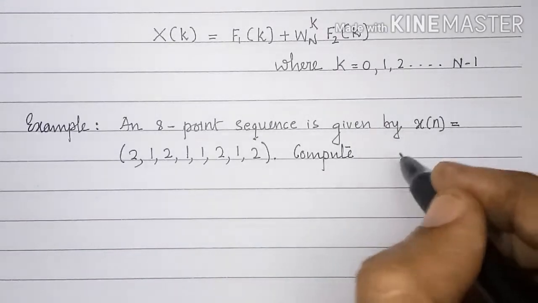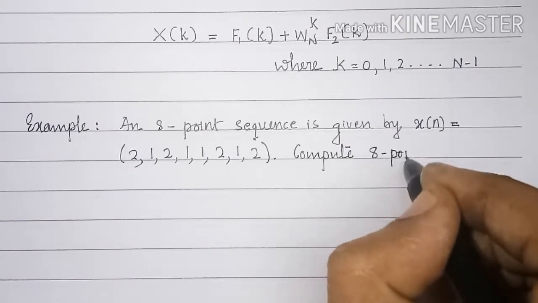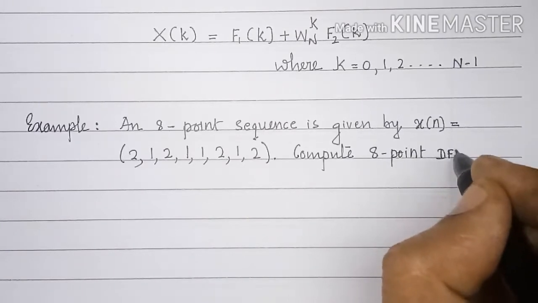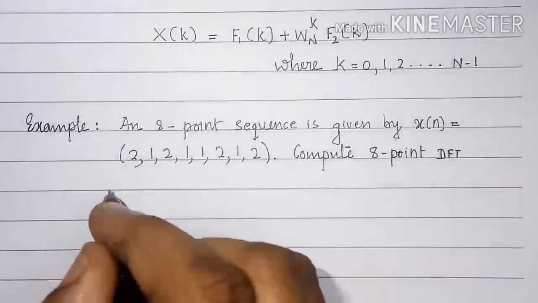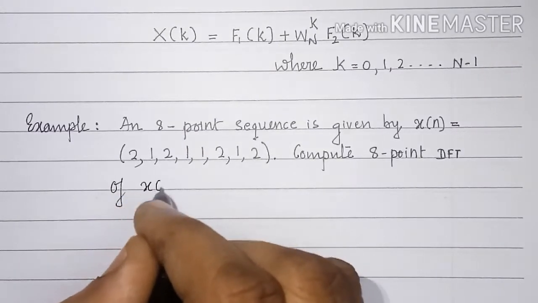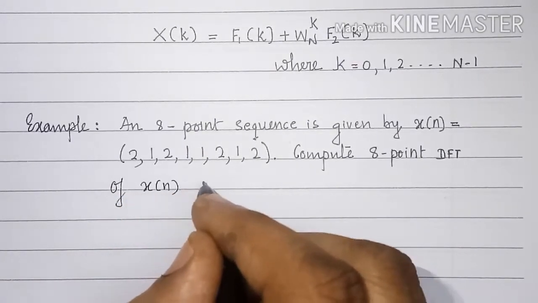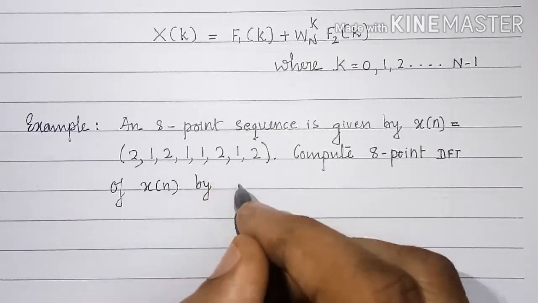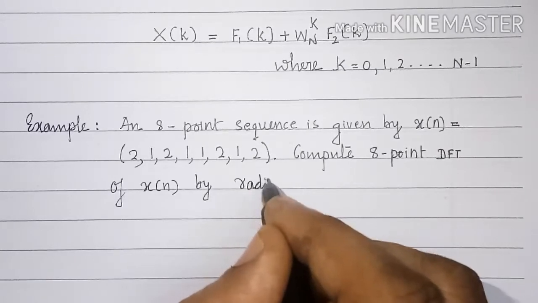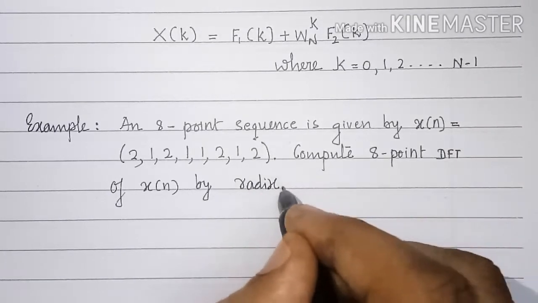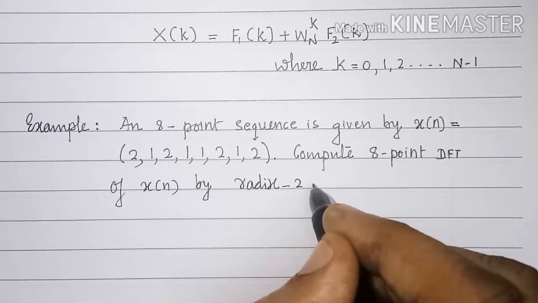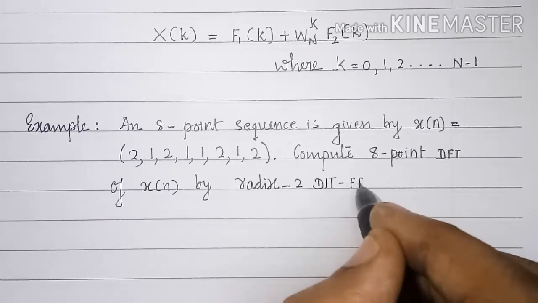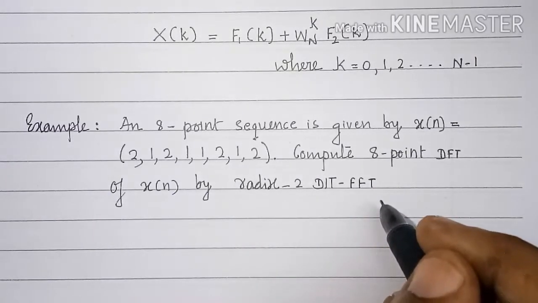Compute eight-point DFT of x of n by radix 2 decimation in time FFT.